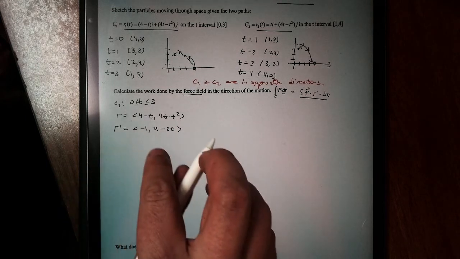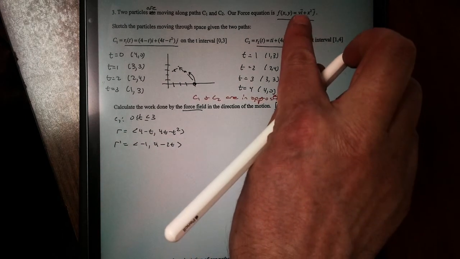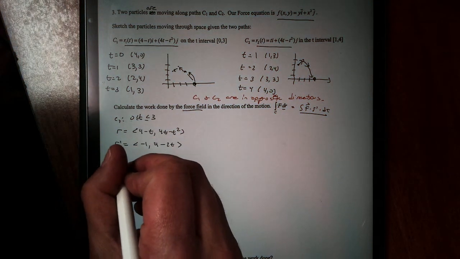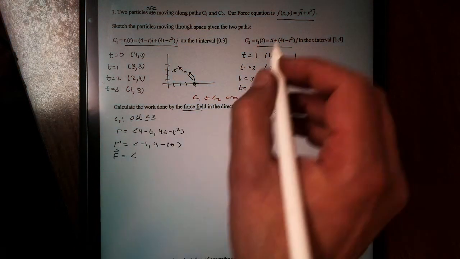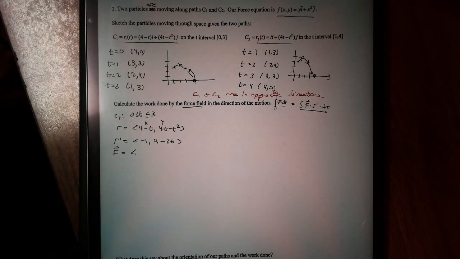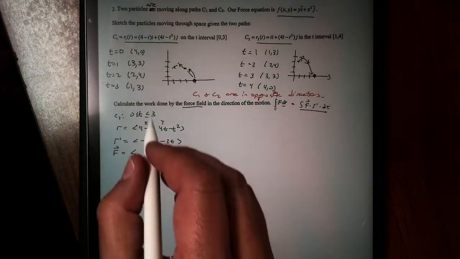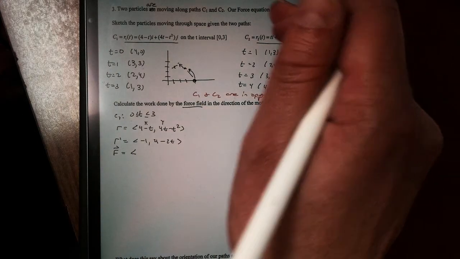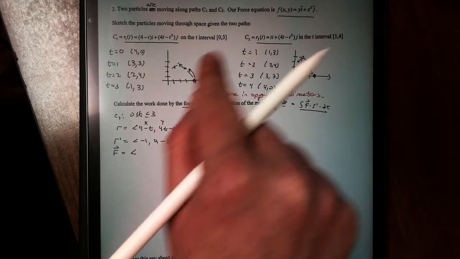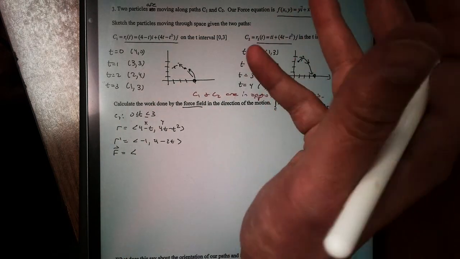All right, now the next thing we have to do is convert our force equation into a parametric. And to do that, we can just replace, remember this is y. Well, there's my x value, there's my y value from my path. Because remember, we're applying this force field to our path, so at any given point they're going to have the same y values, and they're going to have the same x values.